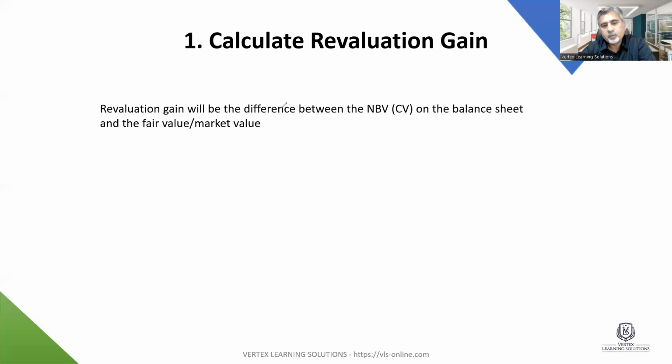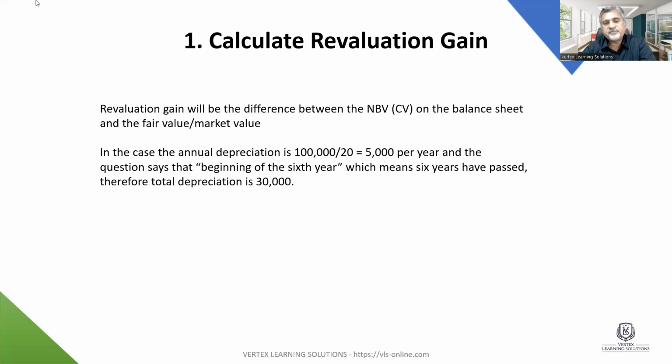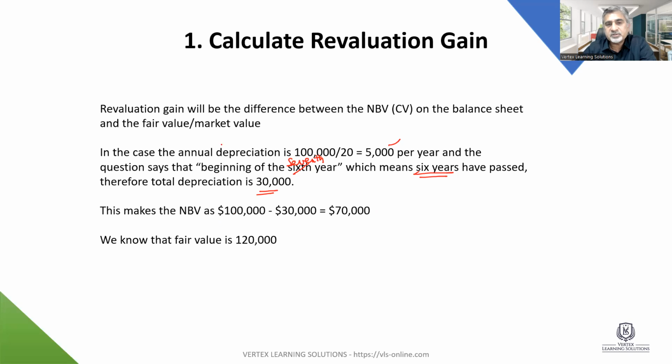So the annual depreciation is 5,000, beginning of the 7th year. This is my typo, because the question says beginning of the 7th year, which means 6 years have passed. Total depreciation is 30,000.